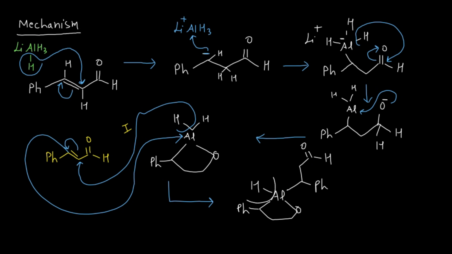This hydride will attack onto this particular one and this will go up. So in the next step, I'm writing here aluminium, and this is your five-membered ring, in which oxygen is here. This is your phenyl part, this is your oxygen with negative, and this is having the pH part.